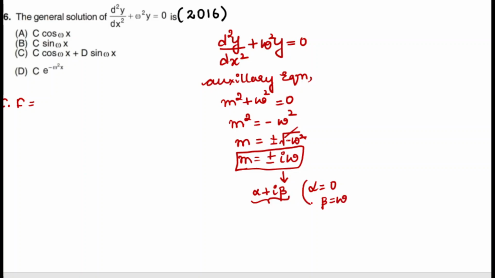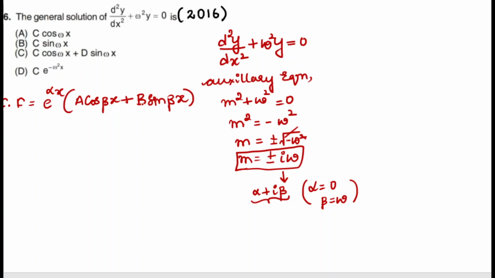The complementary function for the imaginary roots will be e to the power of alpha x into a cos of beta x plus b sine of beta x. This is the complementary function where the roots are imaginary.